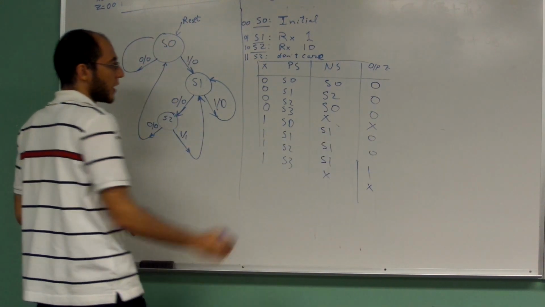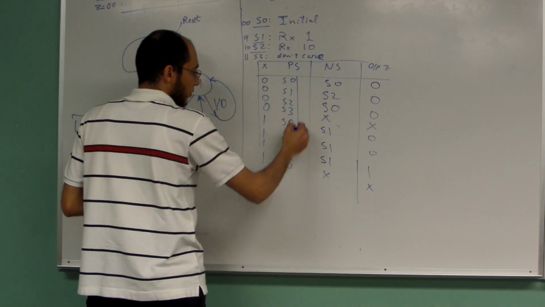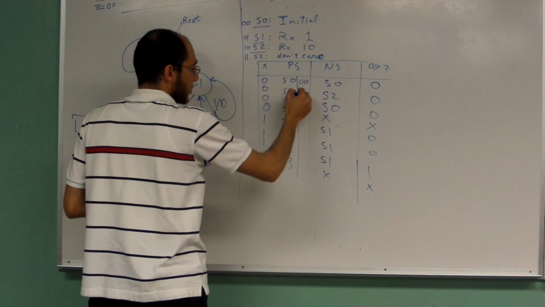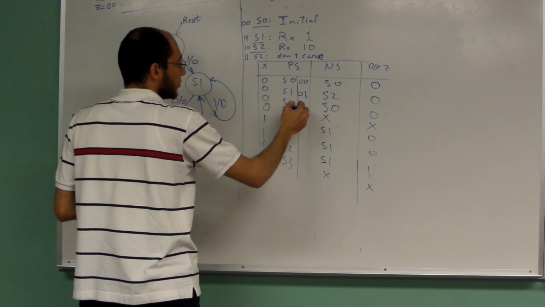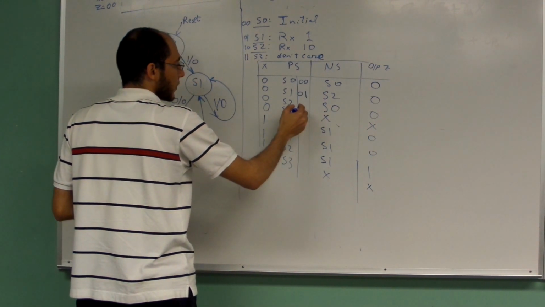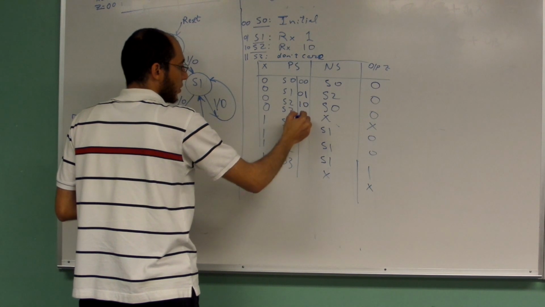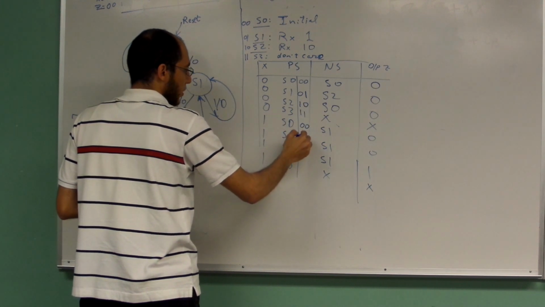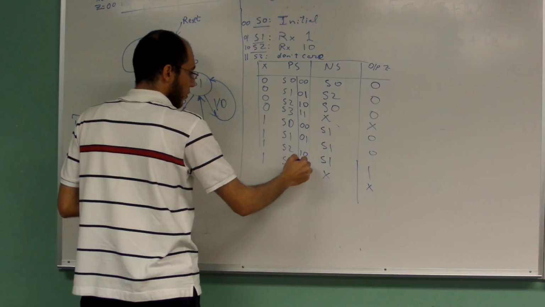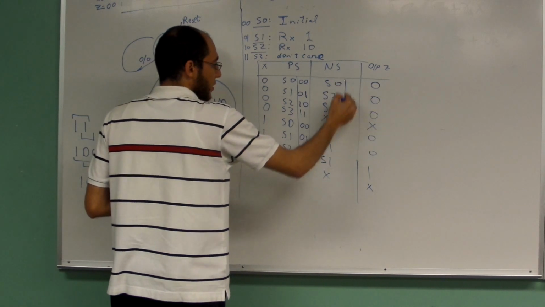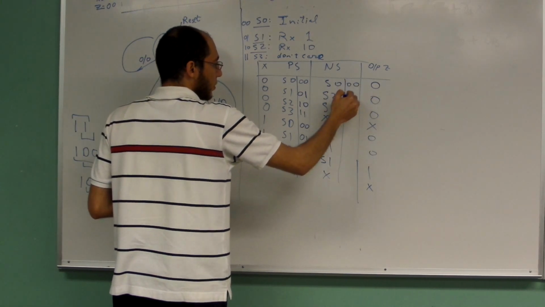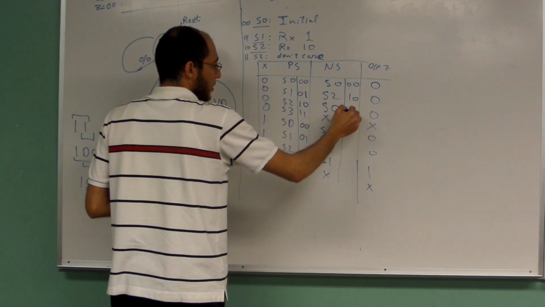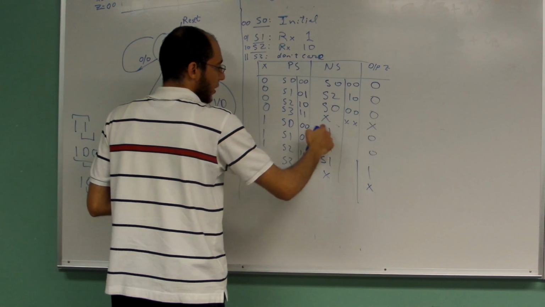Right? Binary assignments: 0, 0, 0, 1, 1, 0, 1, 1. This is 0, 0, this is 1, 0, this is 0, 0, that's a don't care, alright?